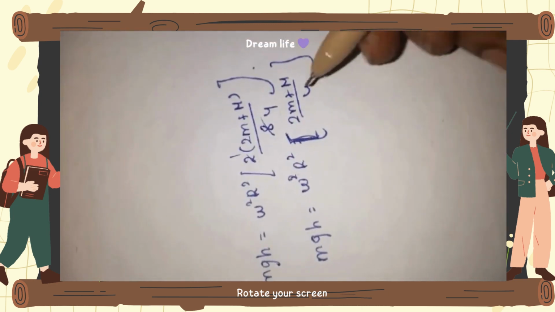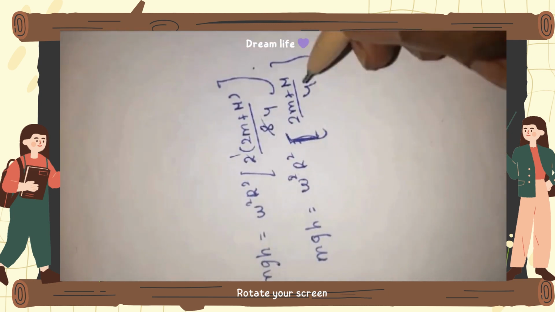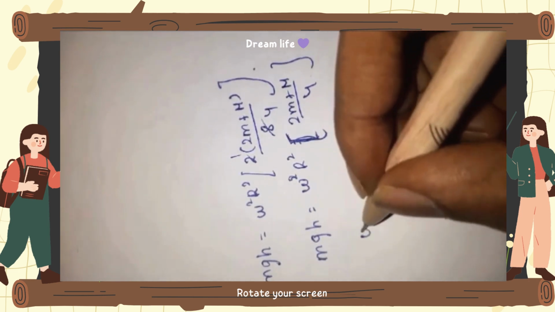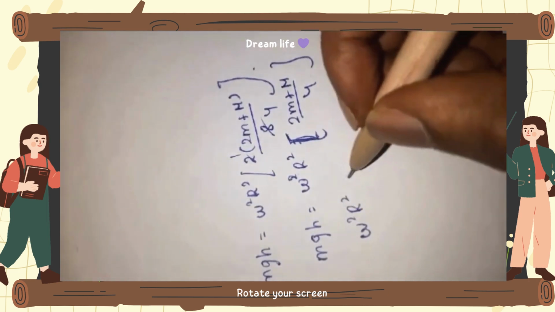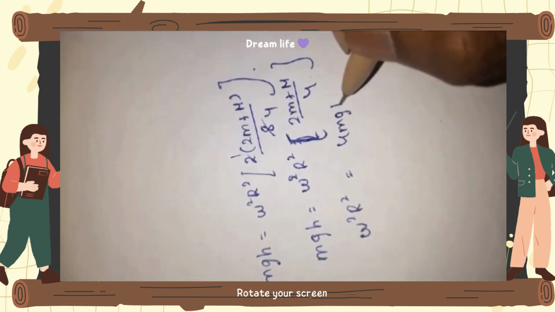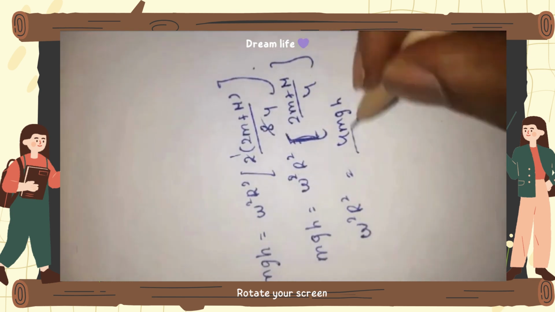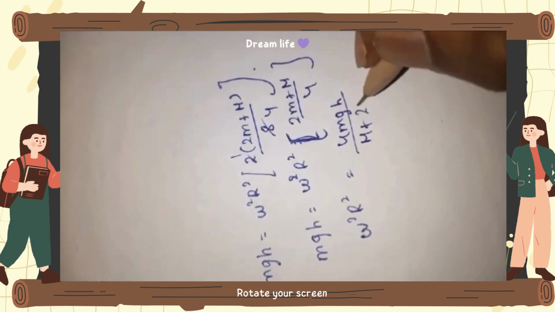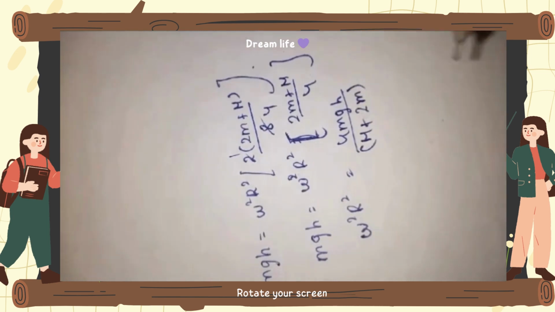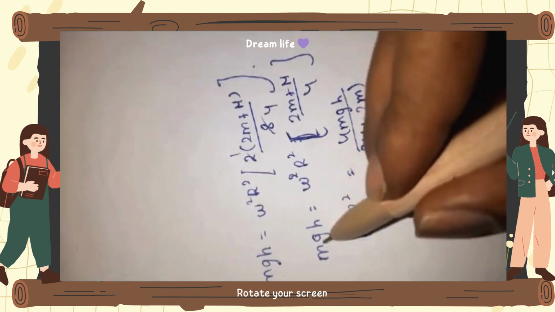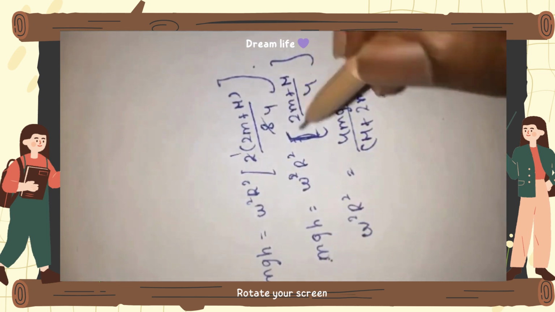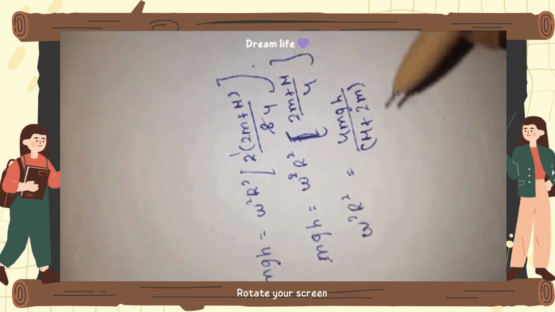So now let's bring this 4 to this side. So omega square R square is equal to 4 mgh divided by M plus 2m. So what I've done is I have brought this 4 to this side and 2m plus M to the denominator.